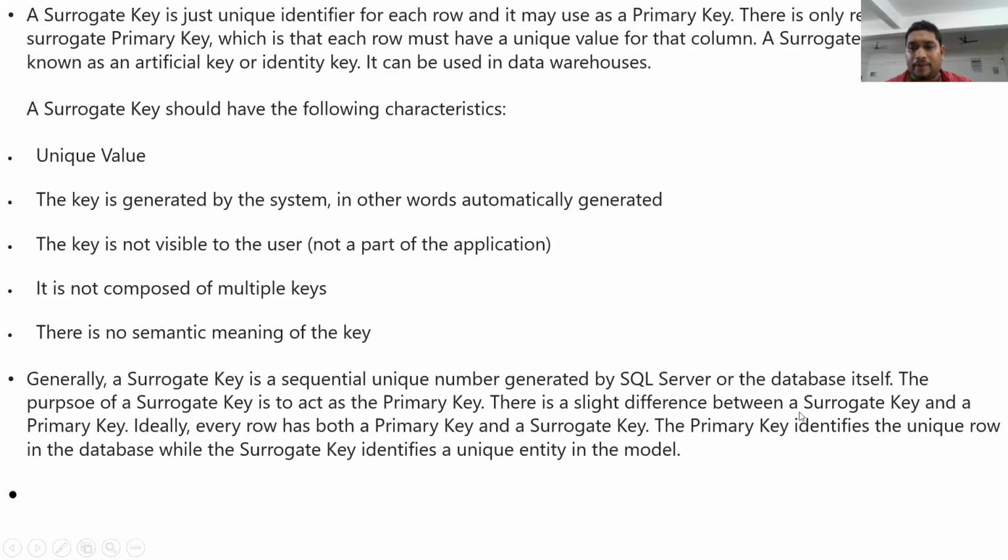Okay, there is a slight difference between a surrogate key and a primary key. Ideally, each row has a primary key and a surrogate key. The primary key identifies the unique row in the database, while the surrogate key identifies the unique entity in the model. Unique entity in the model means if you are transacting particular items in a purchase order, that is one transaction and it is a unique identity in the model.